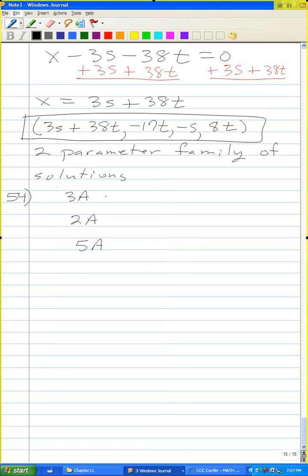That's food A. Food B has 2 units of protein, 3 units of fat, 1 unit of carbohydrate. Food C has 2 units of protein, 4 units of fat, and 3 units of carbohydrate.